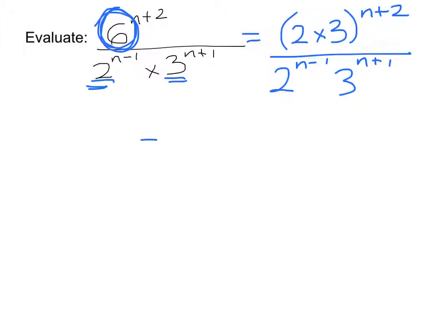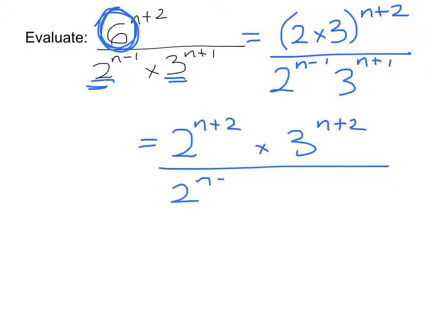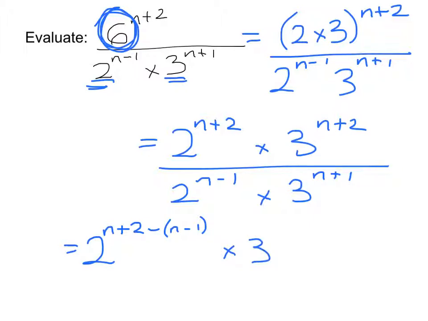So we'll split out the 2 and the 3 parts in the numerator, and we get 2 to the power of n plus 2 times 3 to the power of n plus 2 divided by 2 to the power of n, take away 1, times 3 to the power of n plus 1. So that equals 2 to the power of n plus 2 minus n minus 1 times 3 to the power of, well, we can see by looking here that n plus 2 take away n plus 1 is just going to leave me with 3 to the power of 1.